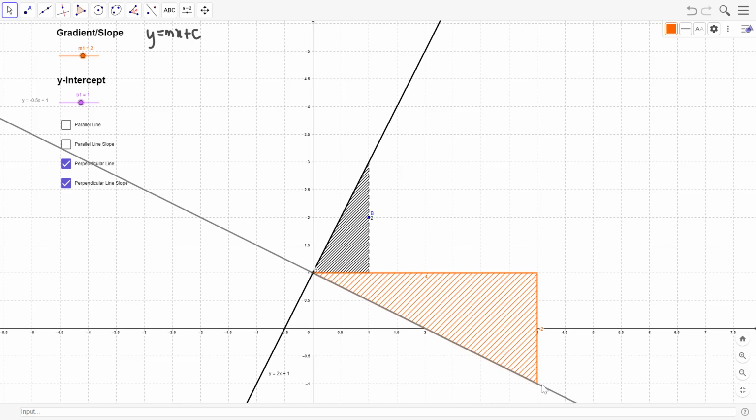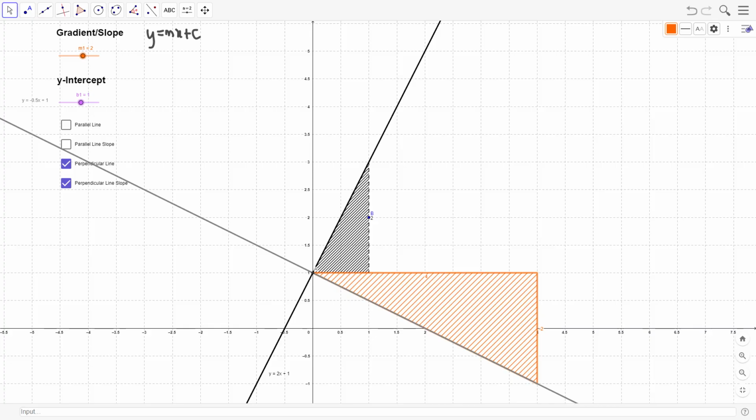So our change in y, if I use that point and that point, would be 1, 2, 3, 4 over 1, 2, 3, 4, 5, 6, 7, 8. So 4 divided by 8 will give us a half, but this is a negative direction. So this slope would be negative a half.